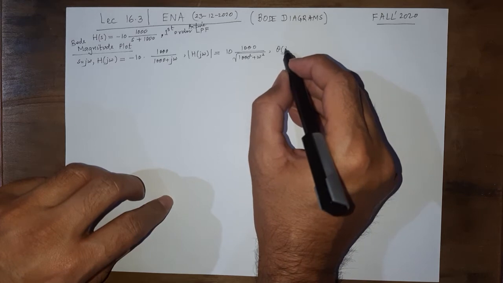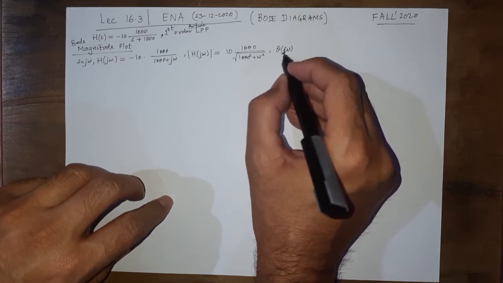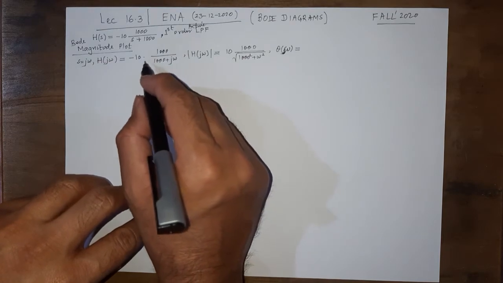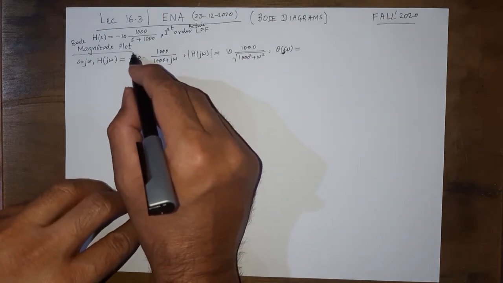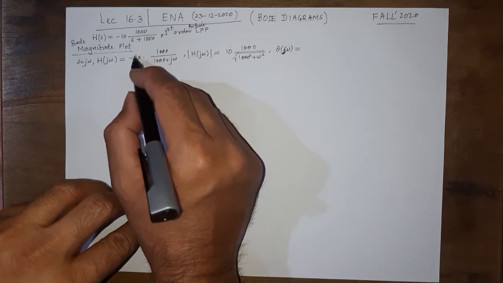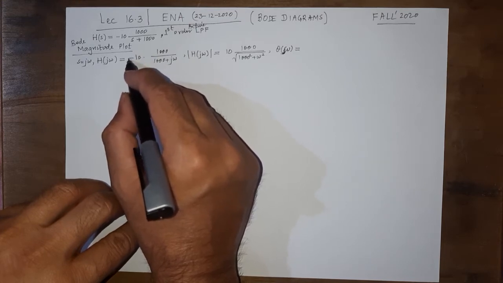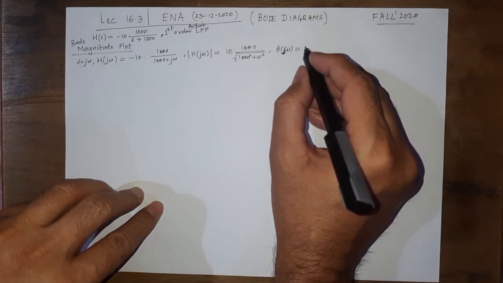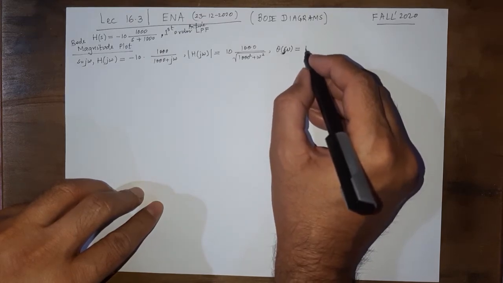And the phase would be theta of omega. Phase does not have iota in it. The phase would be equal to the phase of this thing. A negative real number has a phase angle of 180 degrees.